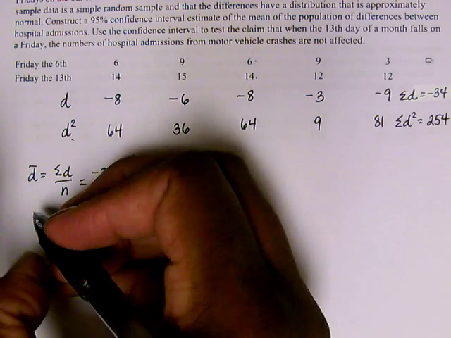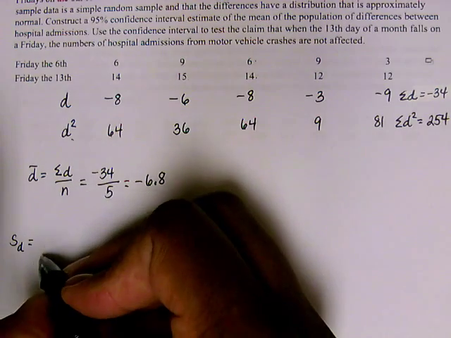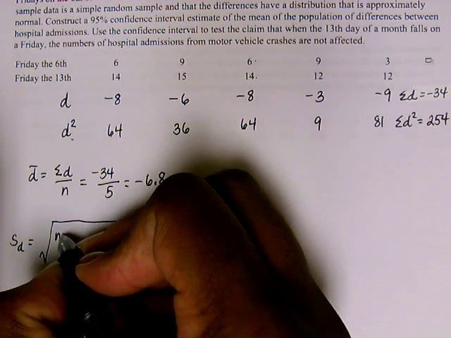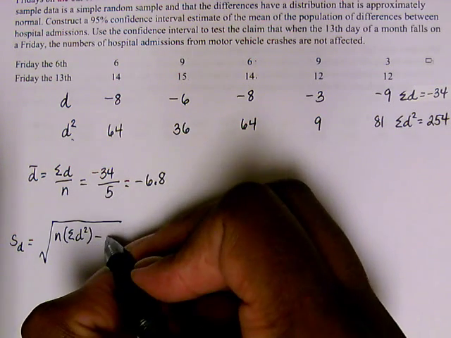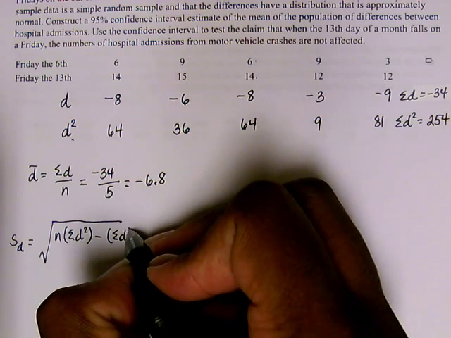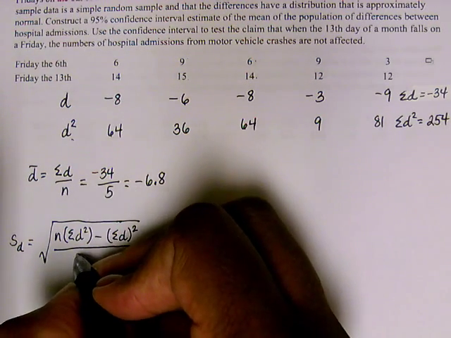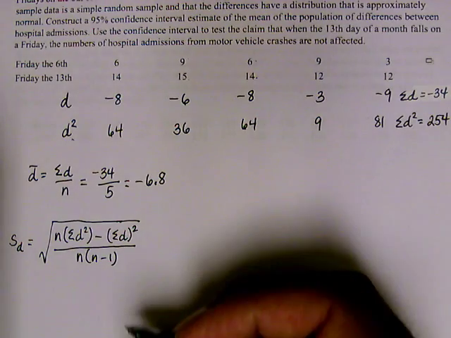And then S sub d would be the square root of n times the sum of your d squares minus the sum of your d's, and that's squared. All that's divided by n times n minus 1.